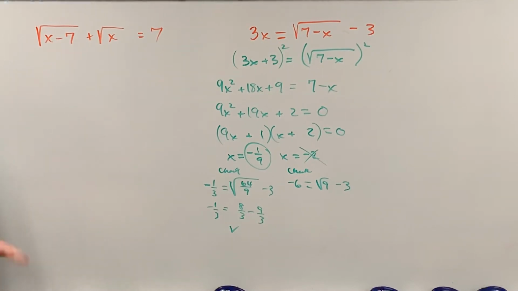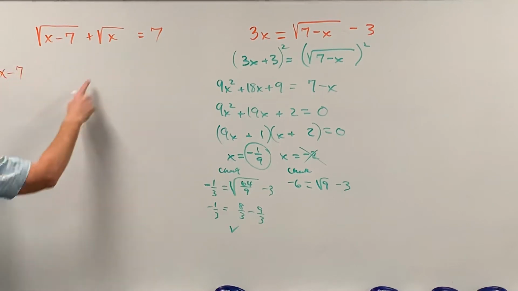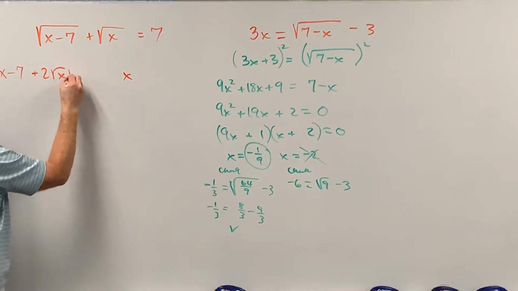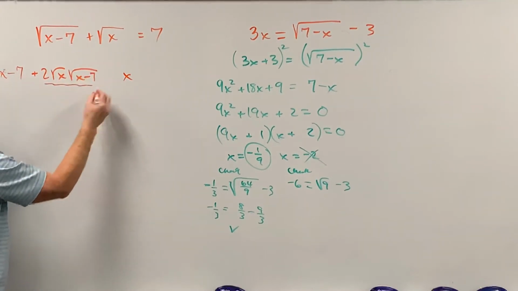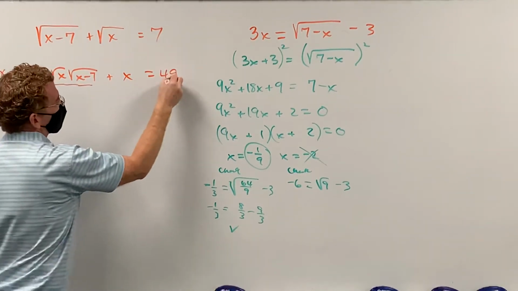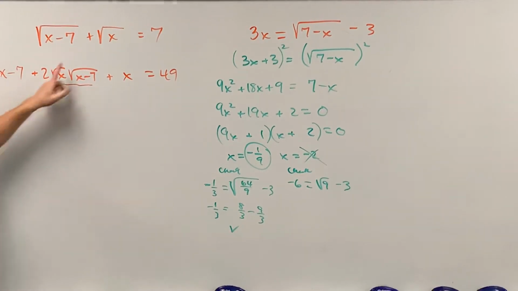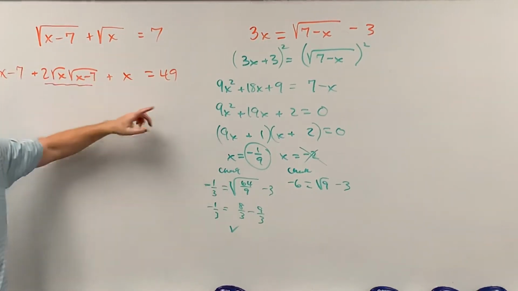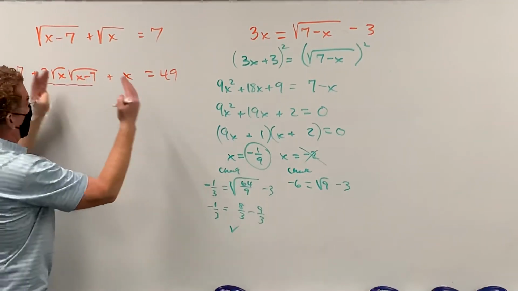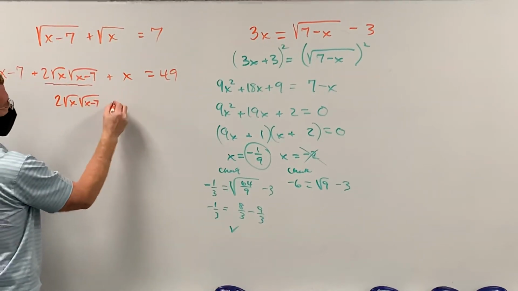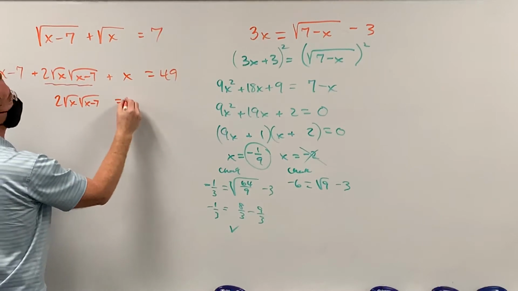If I squared both sides right now, I would end up squaring this, squaring that, and going that times 2, which would be 2 times both of these radicals. But it would be one term. And then I would square this and get a 49. And then, since that's really one term, I could subtract the x's, add the 7's, and then go and square both sides again. So I would essentially have this. And you can even multiply these together if you want, but I'm not going to bother right this second. So one option is to do this.